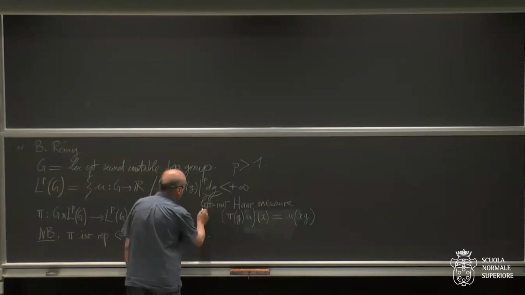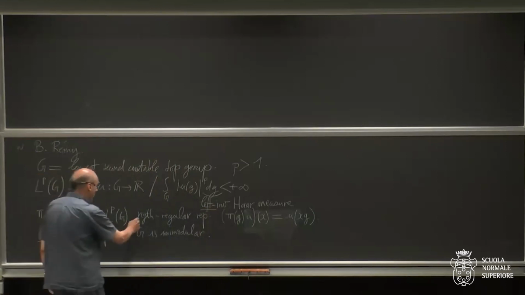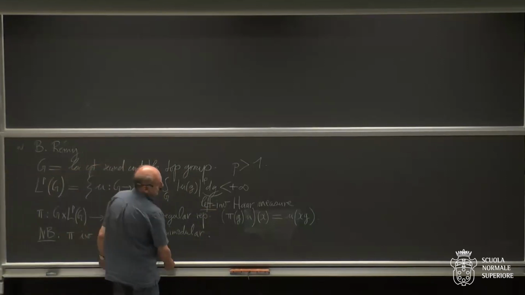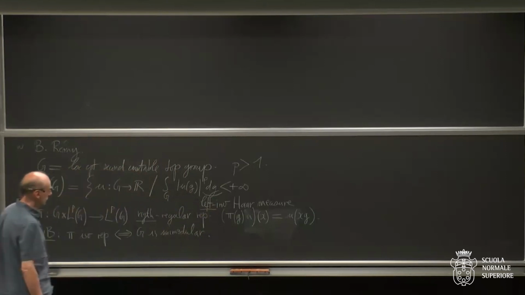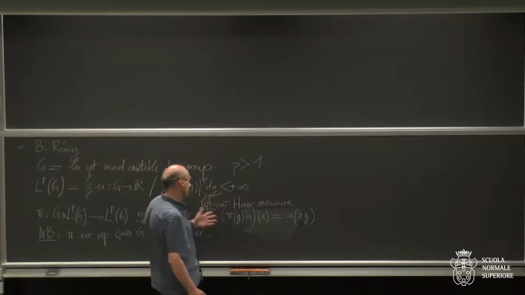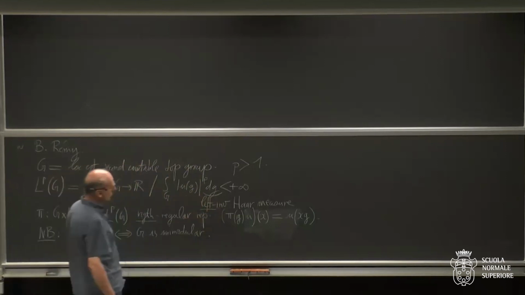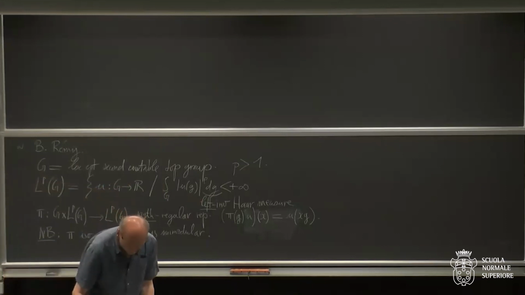Because here I have taken the left invariant Haar measure on the right regular representation. So it differs from Ursula's talk, but in Ursula Emmenstadt's talk the group was discrete, so there is no issue of unimodularity.